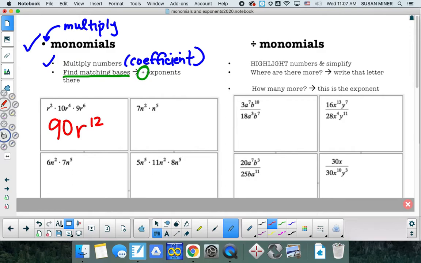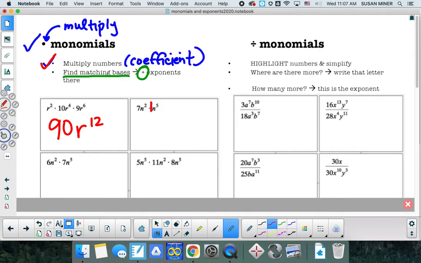Okay, so let's just practice a little bit and let's see if we can figure out what we're doing. Okay, so this is 7n squared times n to the 5th. Now, I can go ahead and put an invisible 1 in there if that helps me, because what I want to do first is multiply any numbers together.